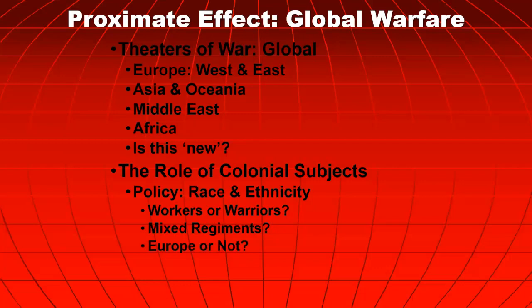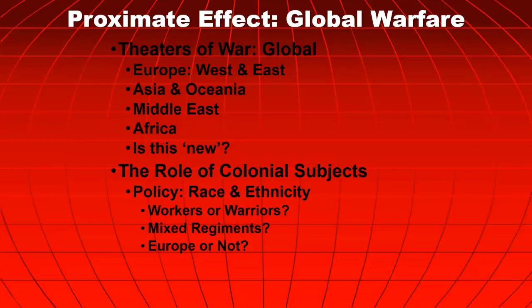And then, should they be allowed to fight in Europe? And this one is particularly curious to me because, like, you're talking about killing your enemy, but there was this overwhelming view among Europeans that it was somehow unseemly for a person of color to kill another white European in Europe.